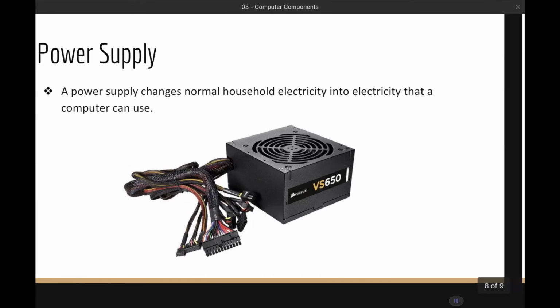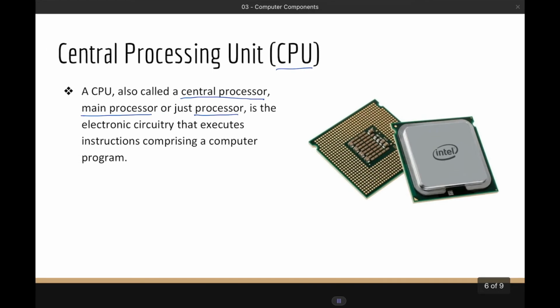CPU only refers to the central processing unit, which is the brain, basically the soul of your computer. The CPU is the electronic circuitry that executes your instructions. We will also take a look at the components that make up a CPU, which include the arithmetic logic unit, later.